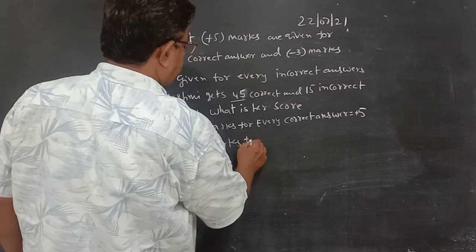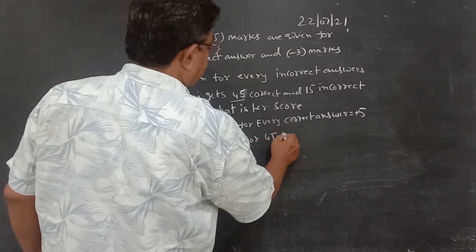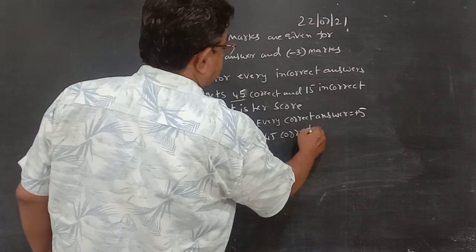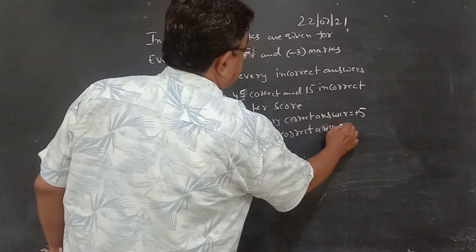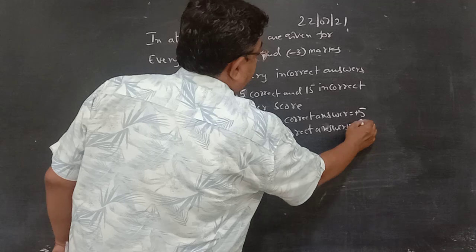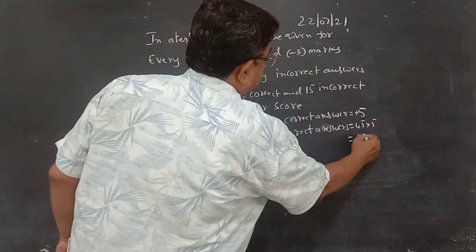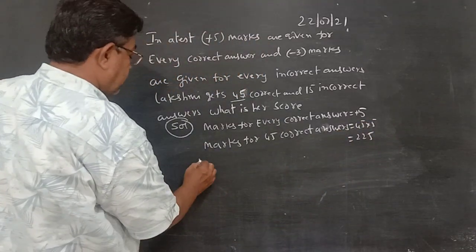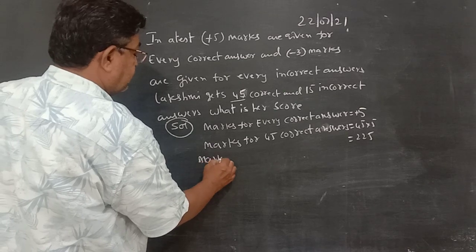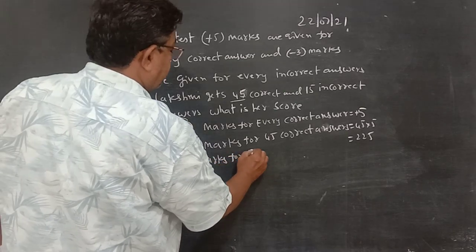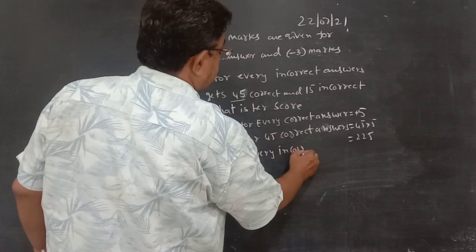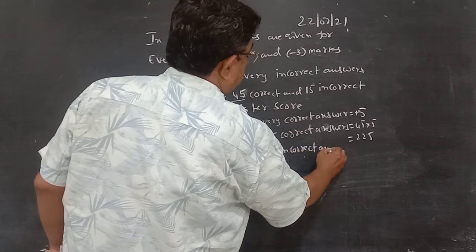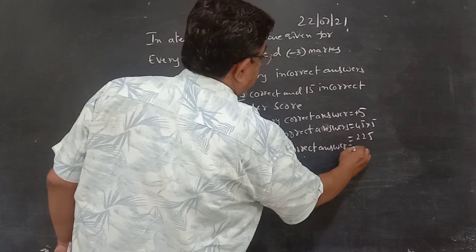So marks for 45 correct answers is equal to 45 into 5 gives us 225. Marks for every incorrect answer is equal to minus 3.